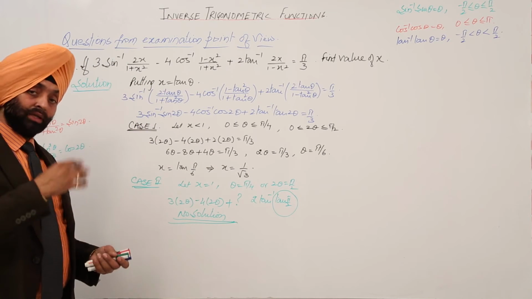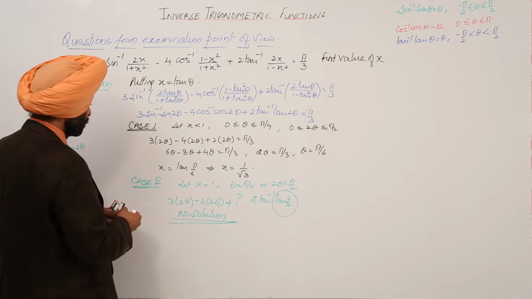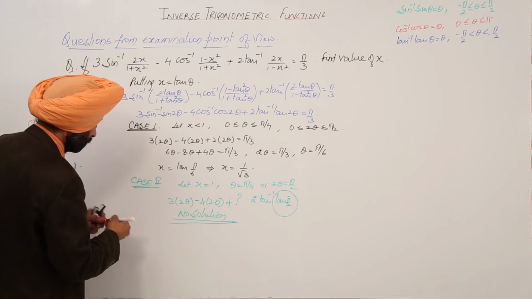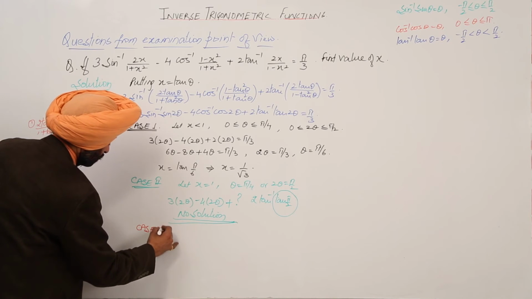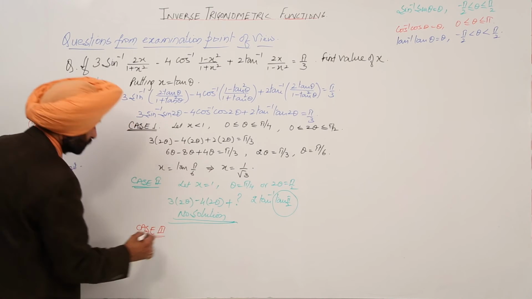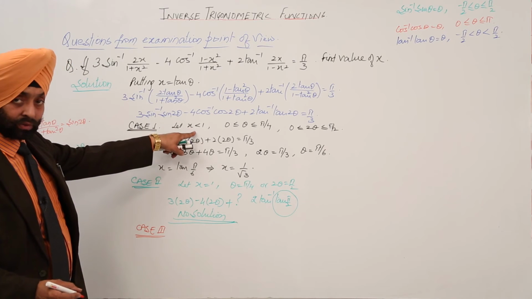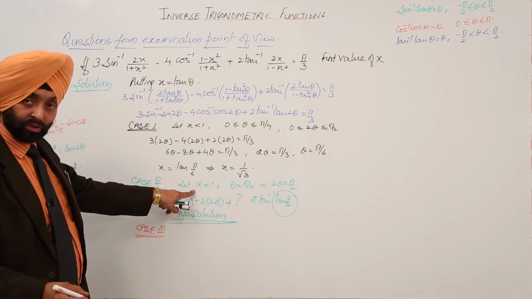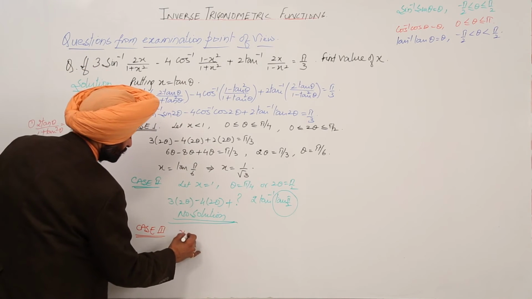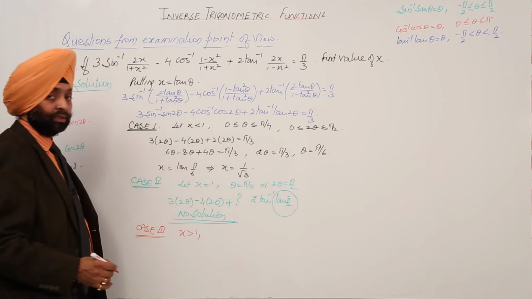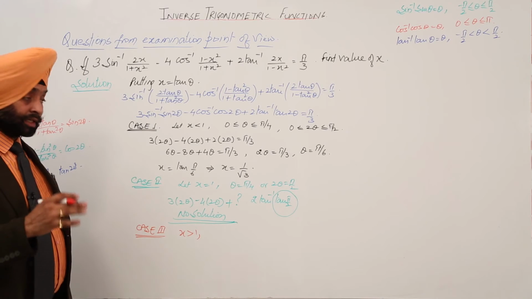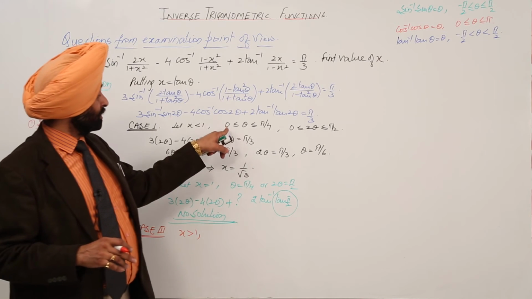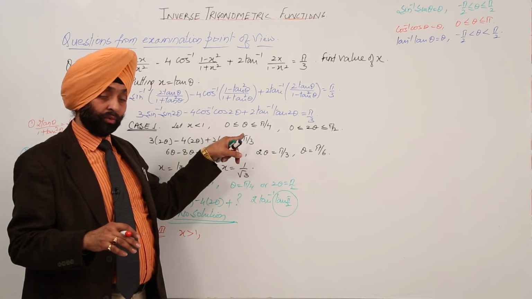Okay, third case. Now we are having case 3. Case 3 shows what? First one x less than 1, second one x equal to 1. Now here x is greater than 1. Earlier theta was in between or including 0 and pi by 4.